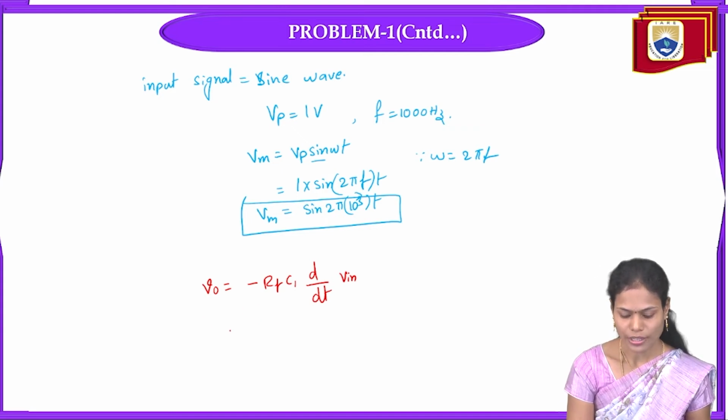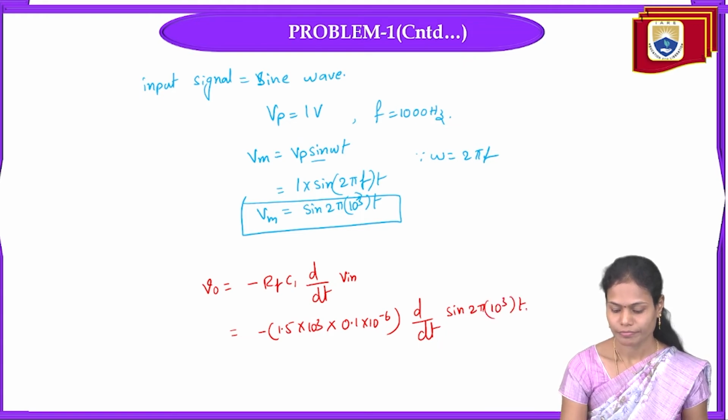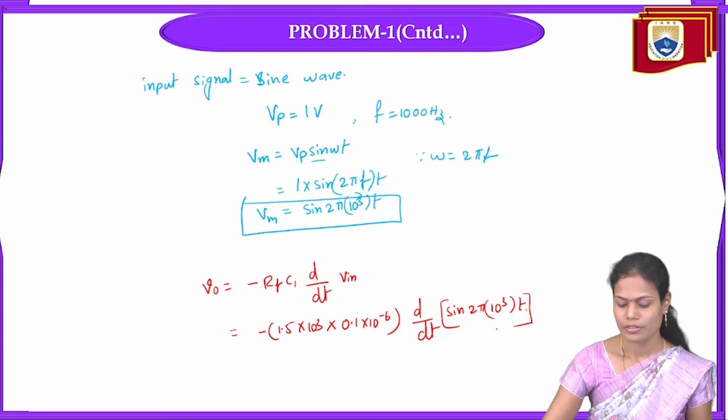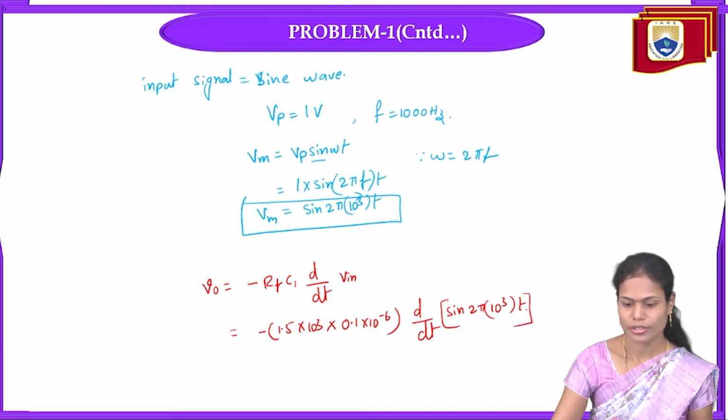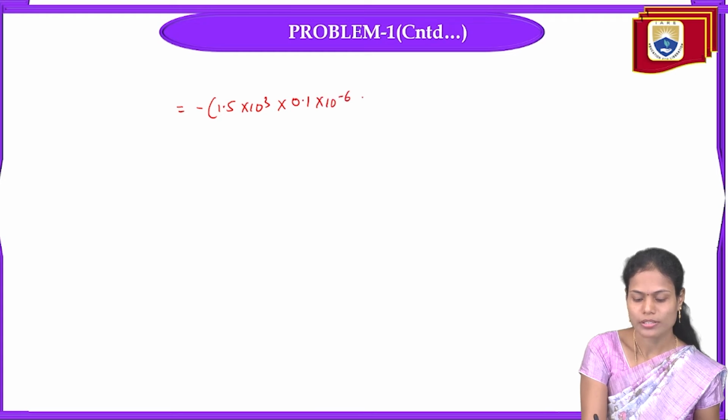And now substitute the values of RF and C1. RF is 1.5 kilo ohms. C1 is 0.1 microfarads. Differentiation of Vin is sine 2 pi 10 power 3 t here. So if we apply the differentiation, we will get minus of 1.5 into 10 power 3 into 0.1 into 10 power minus 6.